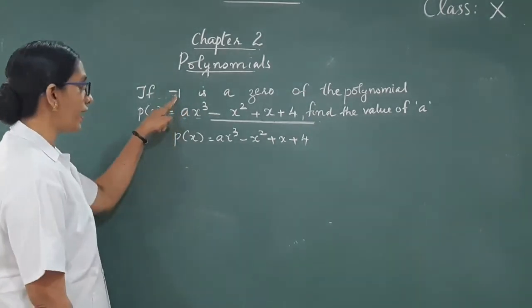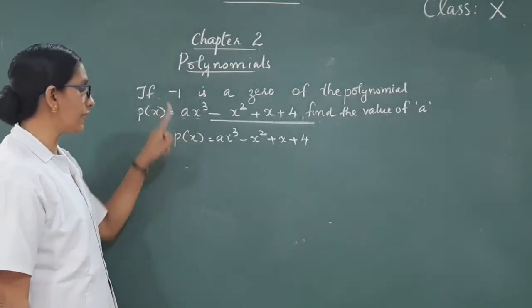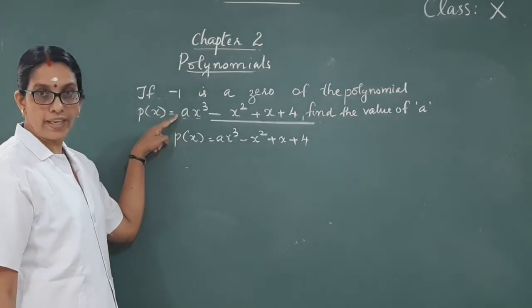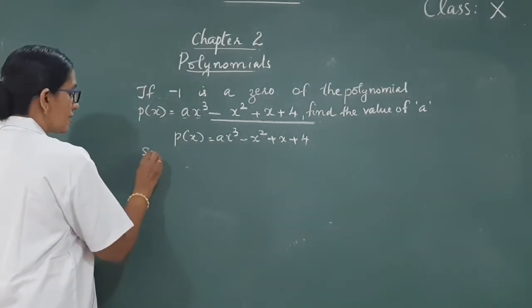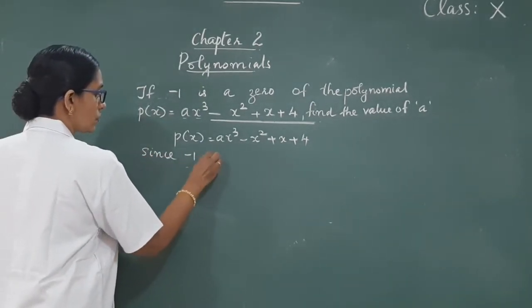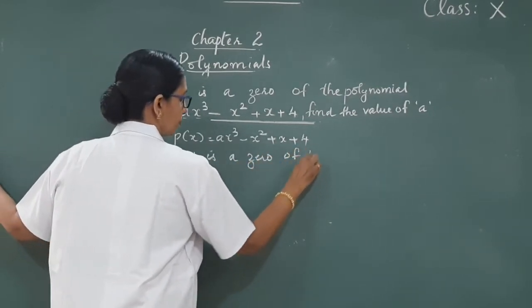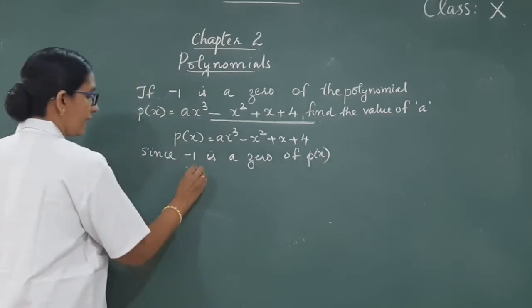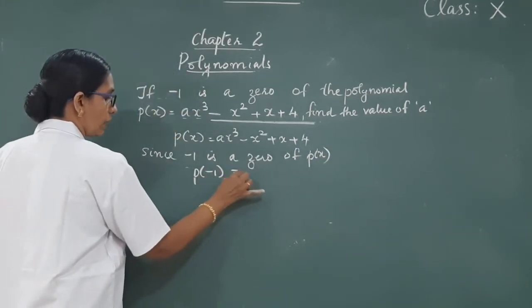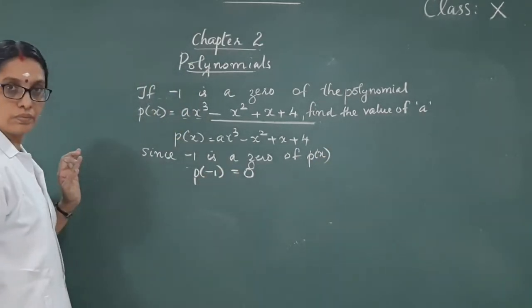Isn't it? So that property we are applying here to get the value of a. So we can write, since minus 1 is a 0 of P(x), we can say P of minus 1 equals 0.